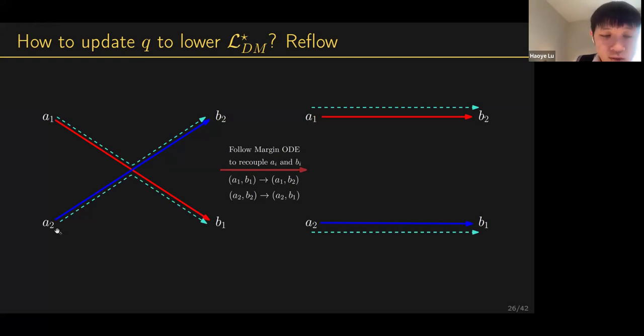And the same thing for A2, we will start from it and we will end with B1. And then we can follow the flow to rematch the samples. And in the next iteration, the trajectory we induce will be linear. And we can keep redoing this for more complicated cases, and we can show that we will always end with some linear trajectories at the end.